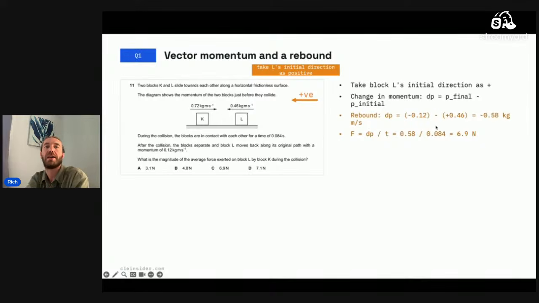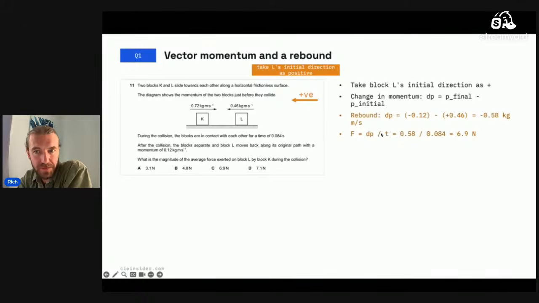If someone has maybe just looked at the difference in the magnitudes of the momentum, so 0.46 minus 0.12 would give you 0.34, and then 0.34 over 0.084 would give you one of the other answers.